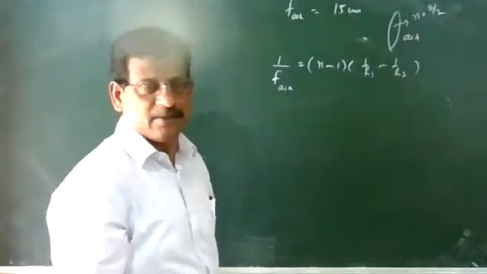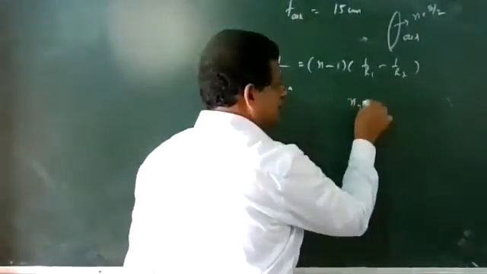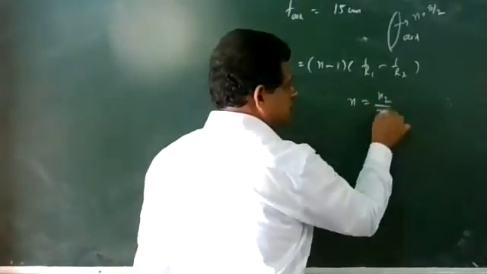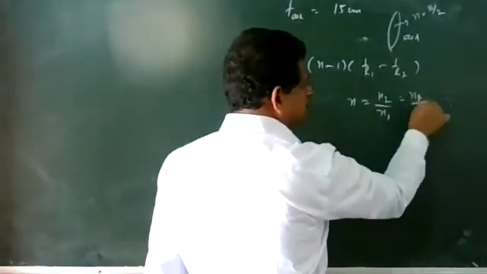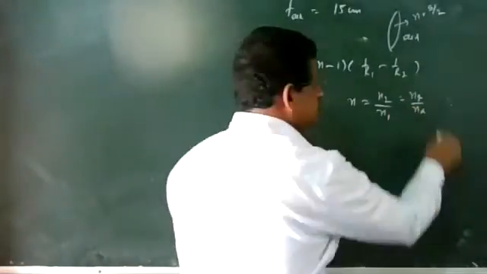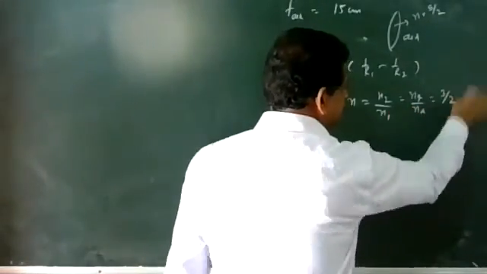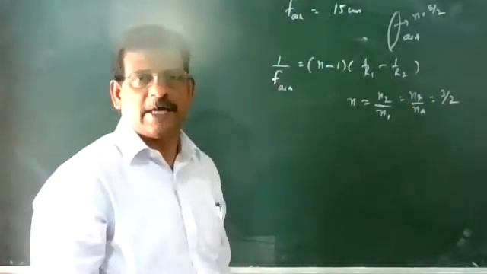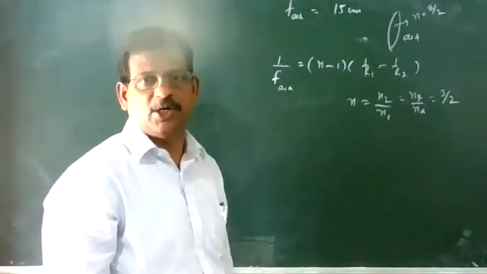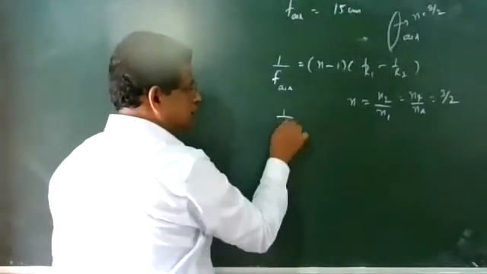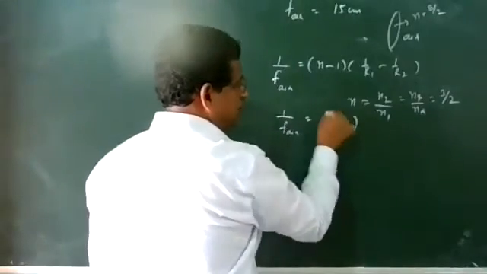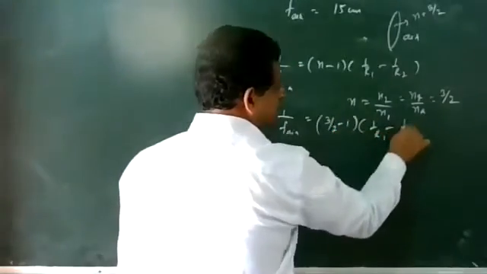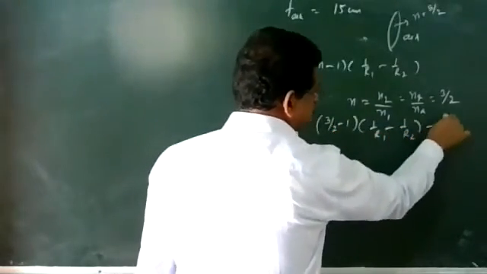What is n here? n is the refractive index of the lens with respect to the first medium, that is the refractive index of glass with respect to air. It is equal to 3 by 2, because air medium has refractive index 1. So substitute the value in the equation: n in air is 3 by 2 minus 1. 1/R1 - 1/R2 is not going to change.